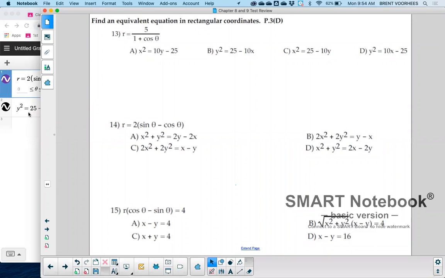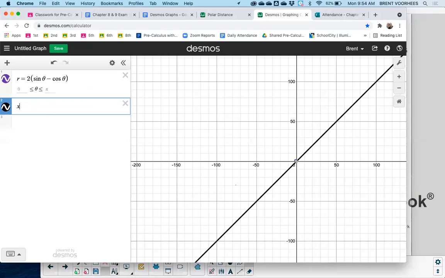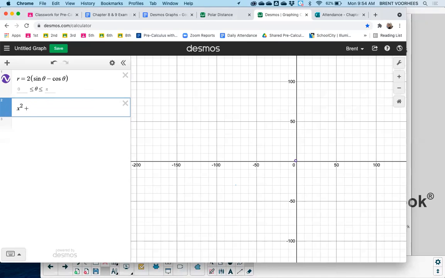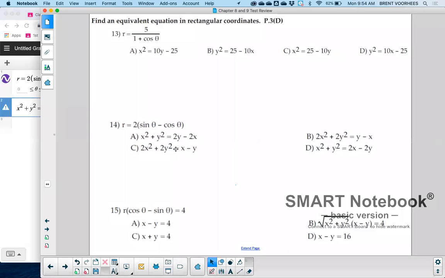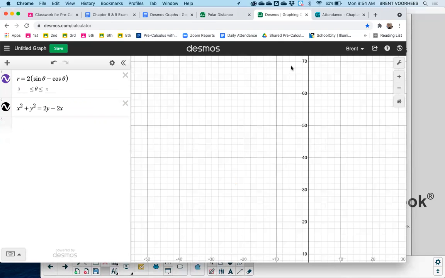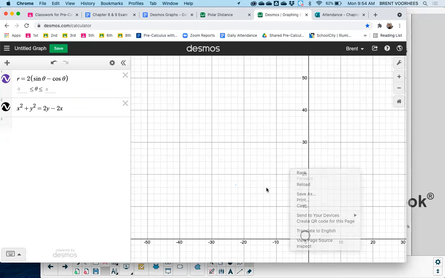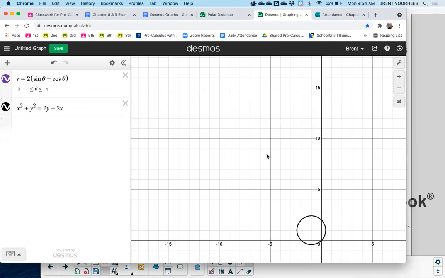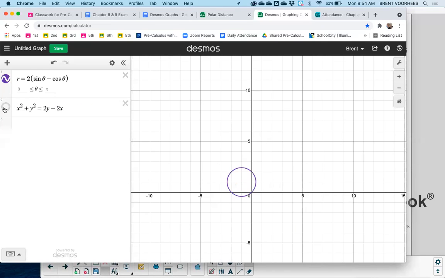So x squared plus y squared equals 2y minus 2x. Zoom in here. Again, we found the right answer right away. This answer would be A.